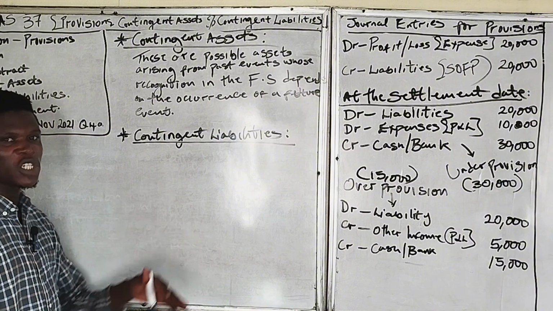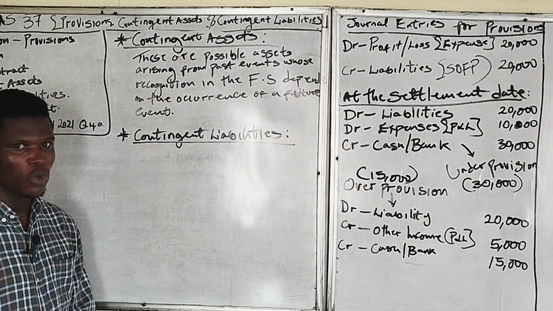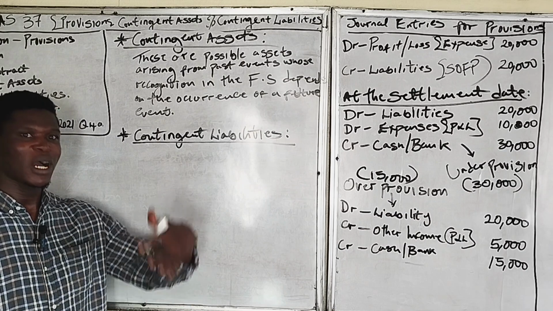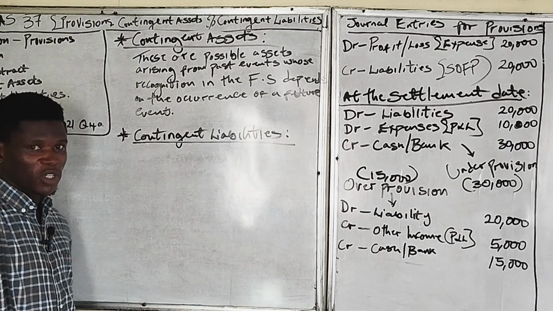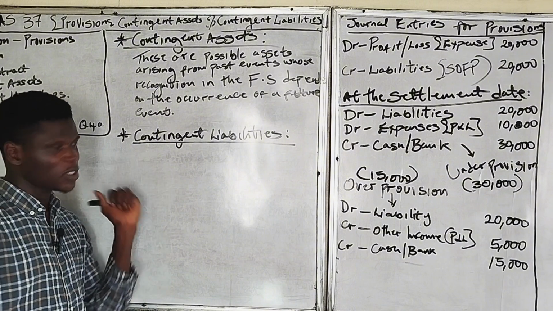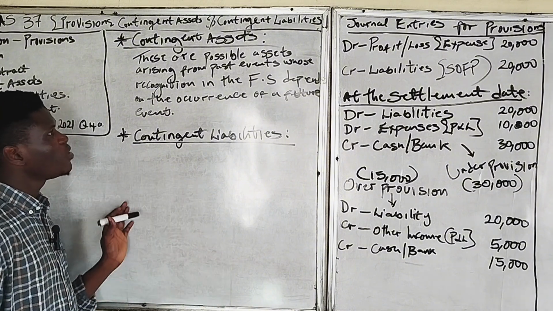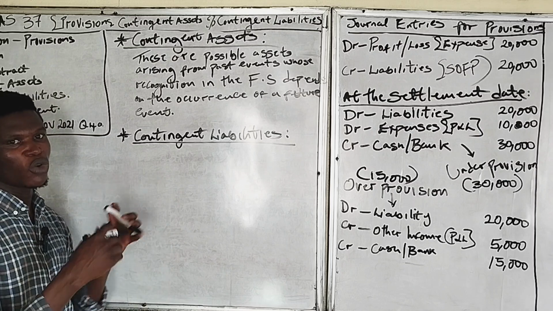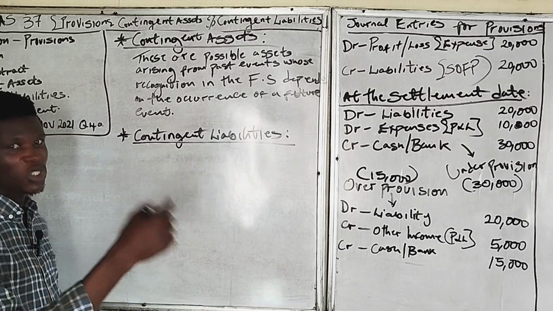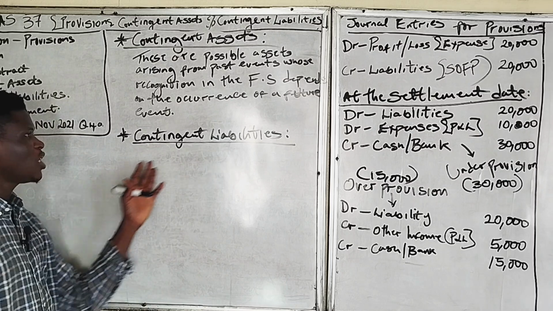So we have an obligation which we will settle in the future, but it depends on whether something happens or not, which will happen in the future. So it has been stated that we have an obligation which is as a result of past events, which will be recognized in our financial statement, depending on the occurrence or non-occurrence of a future event which is yet to take place. So that's contingent liability.